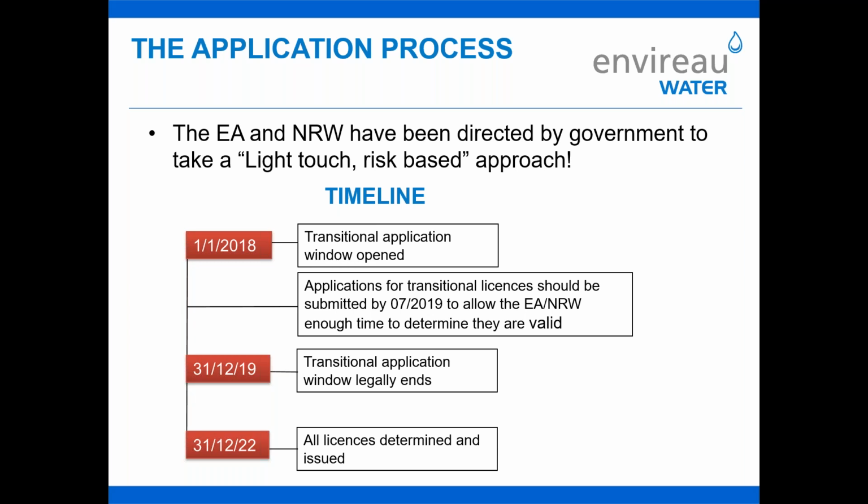An application submitted late in 2019, for argument's sake, on the 12th of December 2019, while if it's valid, that's fine, but if it's not valid, then the implication is that by the time the Environment Agency get round to looking at it, because everybody's on Christmas holidays, you could potentially have to stop dewatering in January 2020.